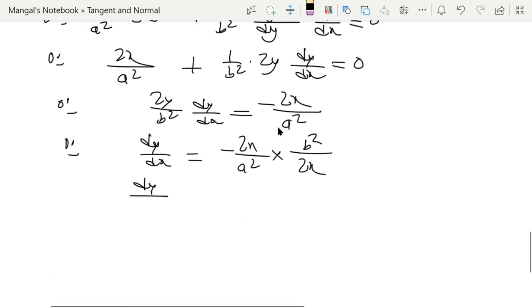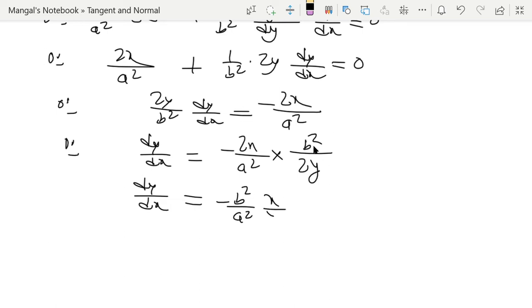Then we get dy by dx equal to, some mistake I have done over here, okay, 2y by b square, the 2y should be in the denominator, so b square by 2y is here. So 2 will get cancelled, and there will remain minus b square by a square into x divided by y. So this is the slope of the tangent.